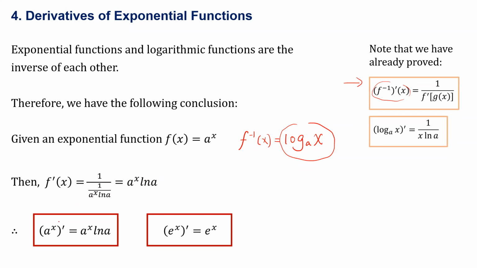Therefore, we have the following differentiation rules. The derivative of the exponential function a to the power of x equals a to the power of x times ln a.